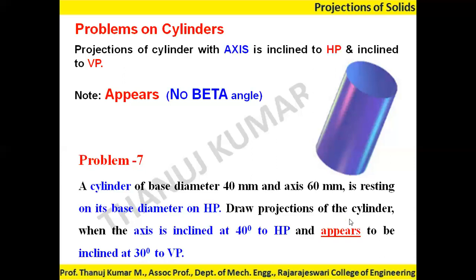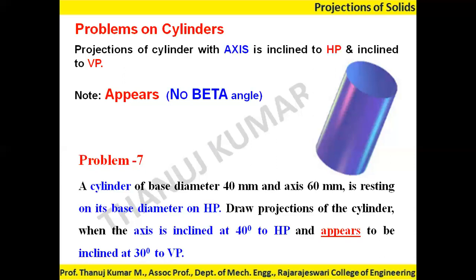Because this word appears is present in the problem, we are not supposed to take beta angle. That is the condition. Why? Because the apparent top view, which is seen in the fourth position, will itself be inclined at 30 degrees. You are not taking beta angle there.